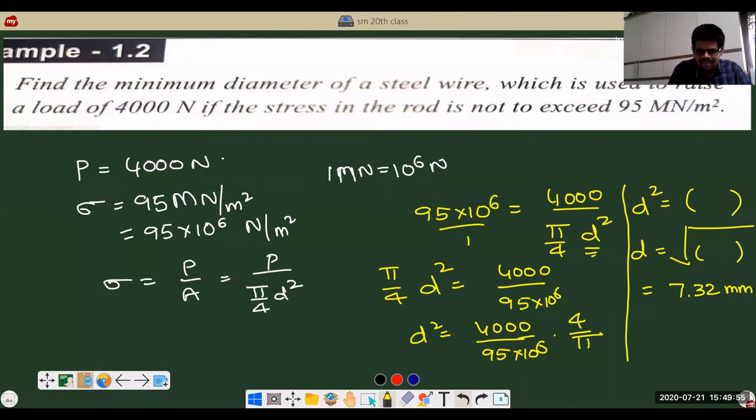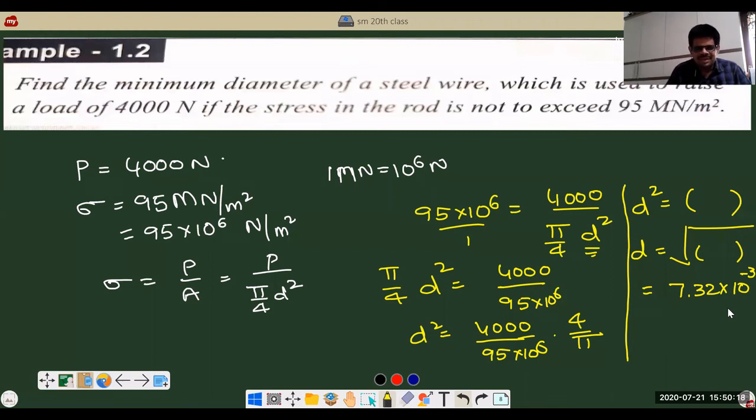So let me answer this question. 7.32 into 10 to the power of 3. Tell me the units now. Is it 10 to the power of 3 or minus 3? Plus 3, sir. No, minus 3, sir. It must be minus 3. Now what are the units for this?